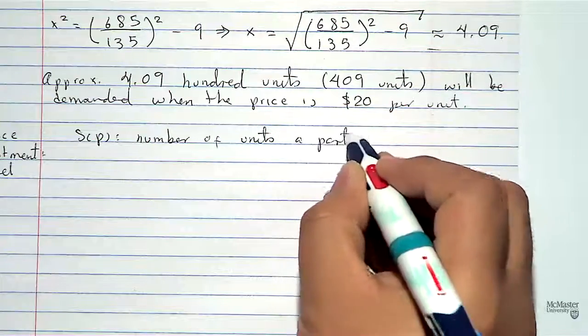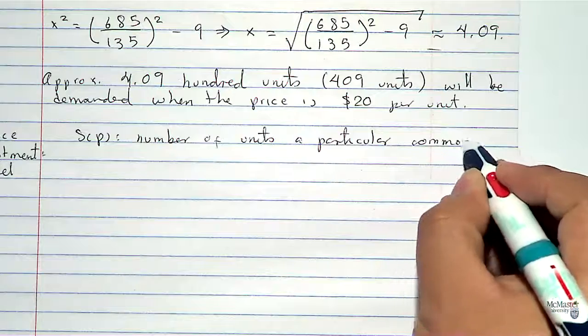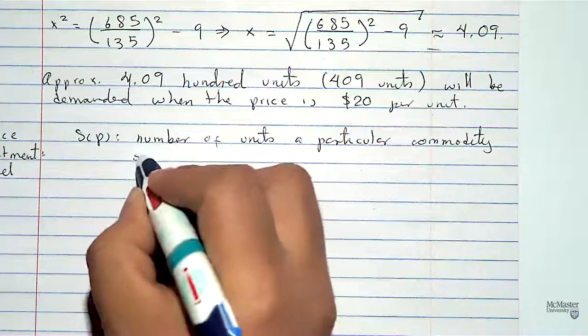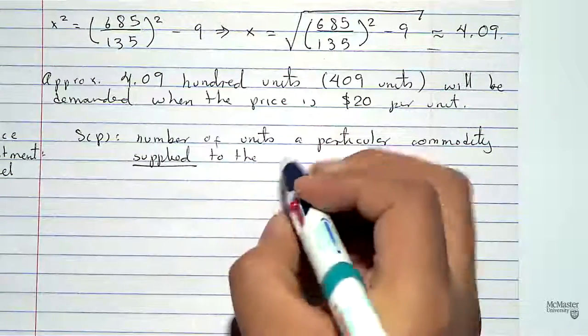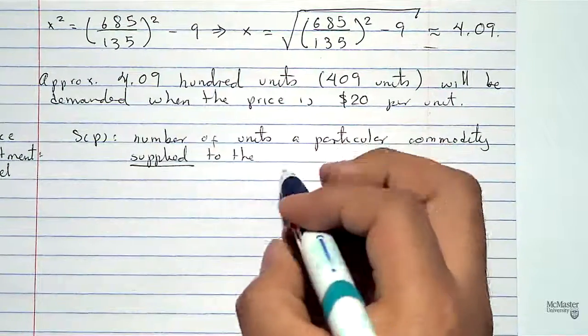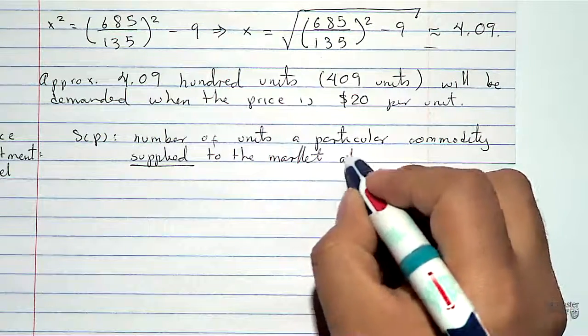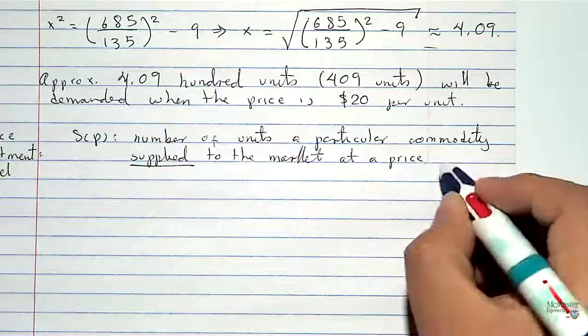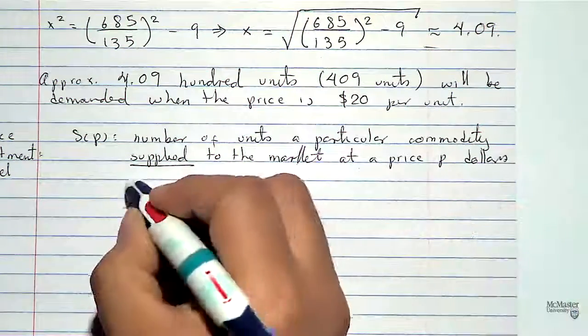So you will denote by S of P the number of units a particular commodity is supplied to the market. So it will be just the supply, but I'm giving the introduction. At the price, which is P, in the units of dollars per unit.